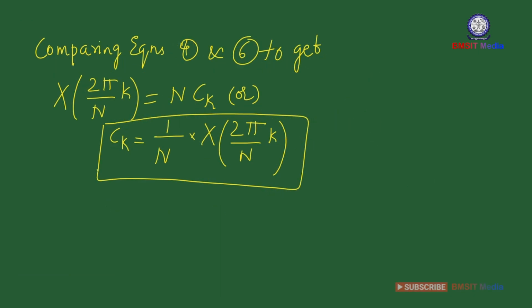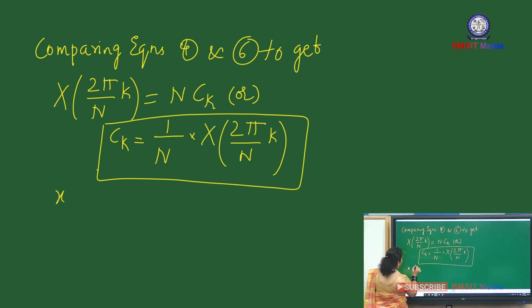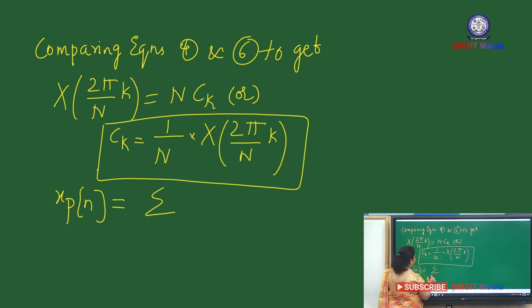So what was that? xp of n, I am replacing ck here. So xp of n equal to, I had here summation k varying from 0 to n minus 1.